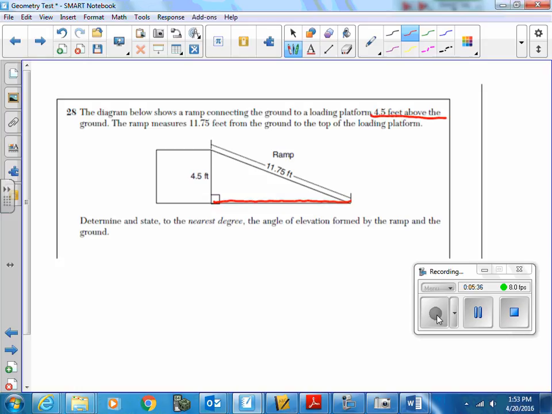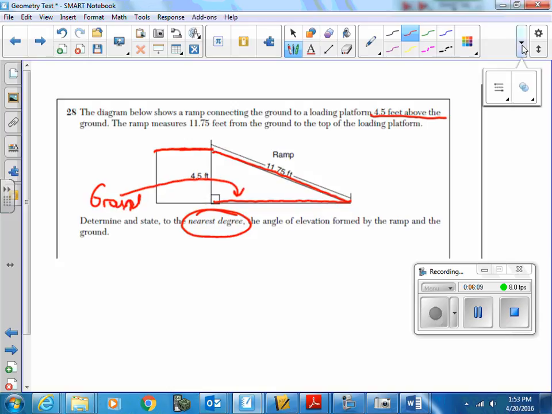The ramp measures 11.75 feet from the ground to the top of the loading platform. Determine and state to the nearest degree the angle of elevation formed by the ramp and the ground. Well, in order to get anywhere on this problem, you have to know where the ground is. And obviously, in the context of this problem, that's the ground.